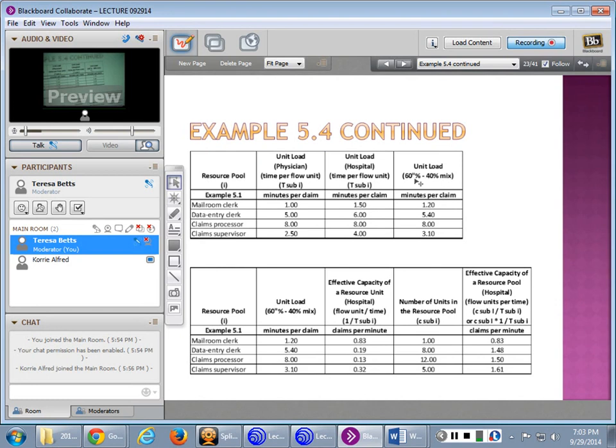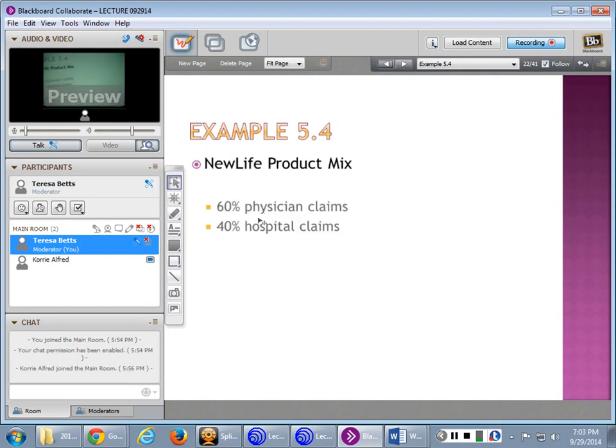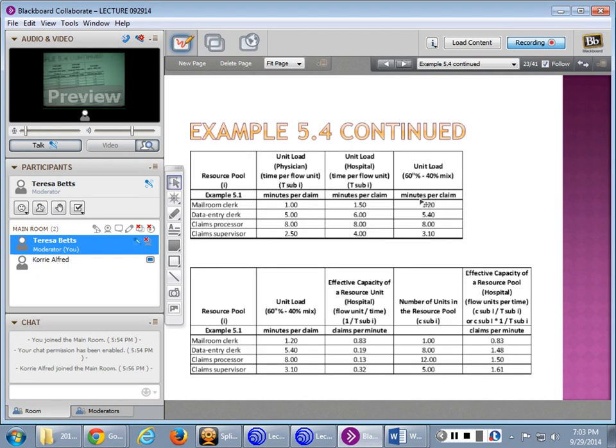So if I have 60% physician and 40% hospital, I'm going to take 60% of 1 and 40% of 1.5, and my artificial unit load is going to be 1.20. So really what we're saying is on average with all of the different types of claims that mailroom clerk utilizes, they can process 1.2 claims per minute, or minutes per claim, 1.2 minutes per claim. Okay? That's on average the amount of time it takes them.